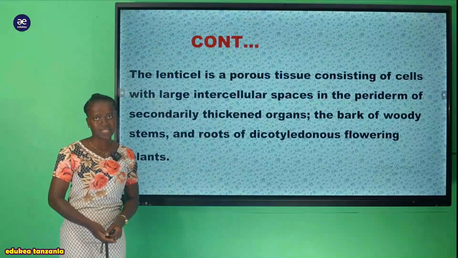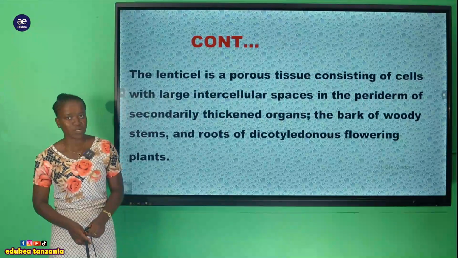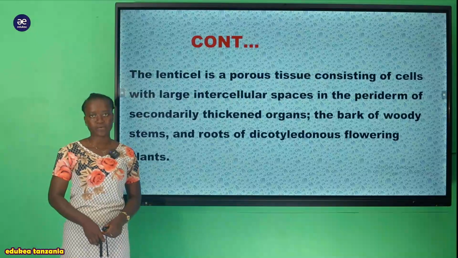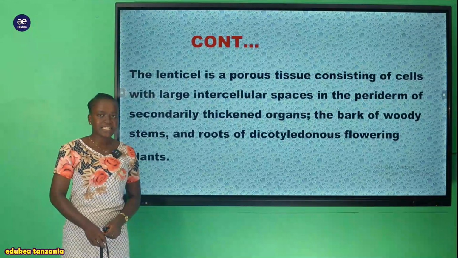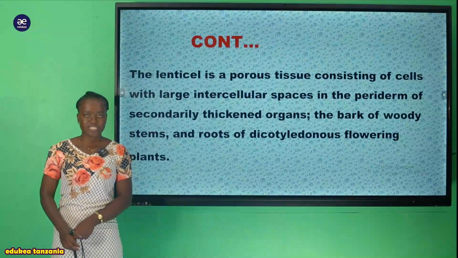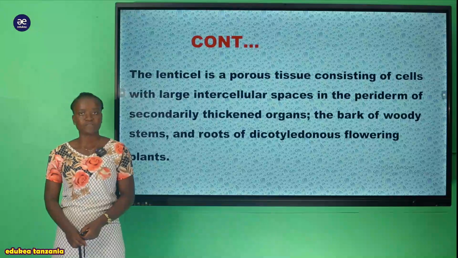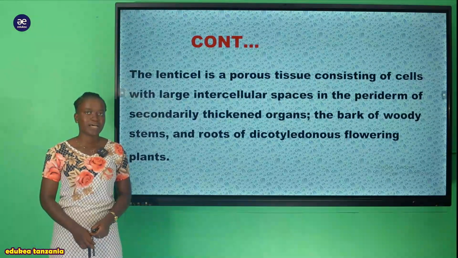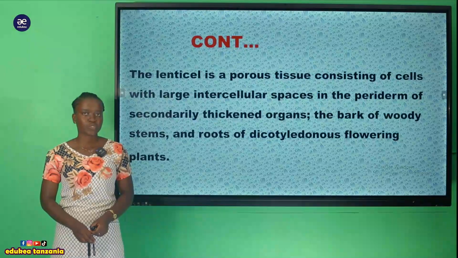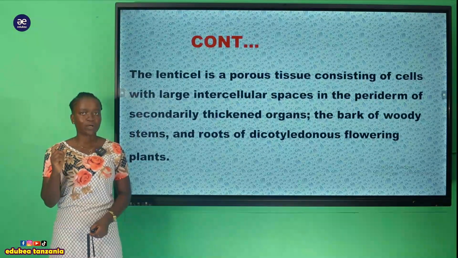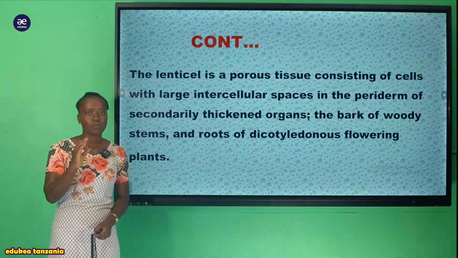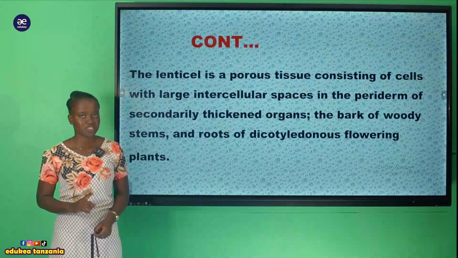Tumesema ni pores ambazo pia zinahusika kwenye exchange of the gases, that is carbon dioxide and oxygen. Lakini hizi lenticels tumesema zinapatikana in most of the woody plants. Tukiongelea woody plant tunamaanisha kwamba ile mimea yote ambayo inaweza kutoa vao ndiyo ambayo inakuwa na hizi lenticels, ambapo zinahusika kwa upana zaidi kwenye exchange of gas.